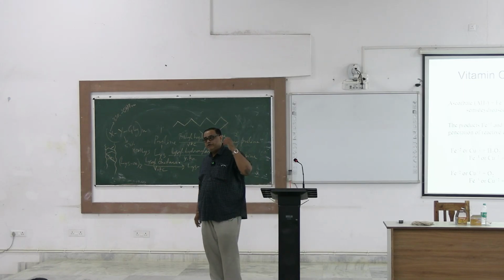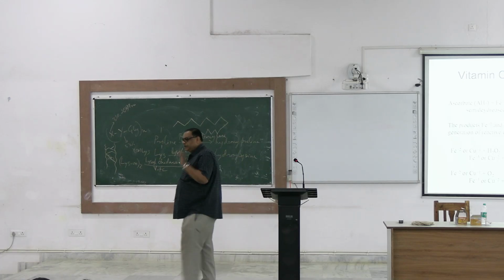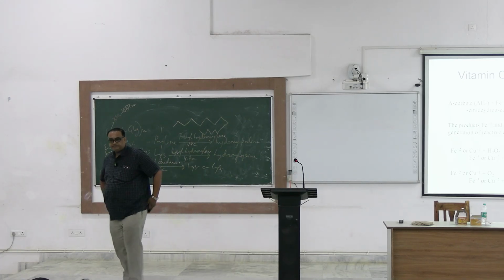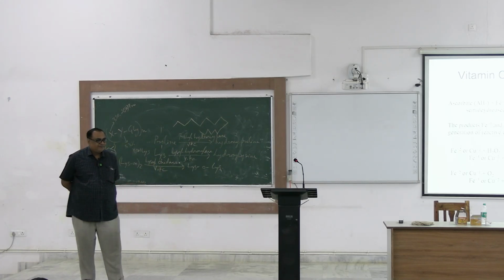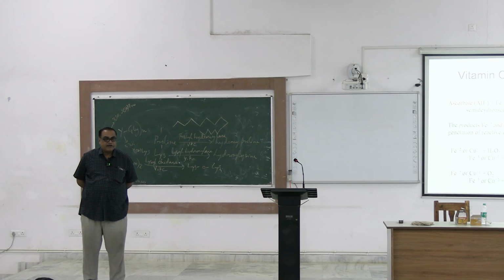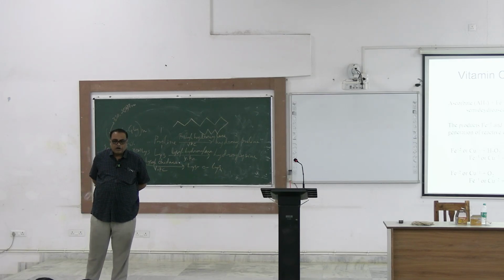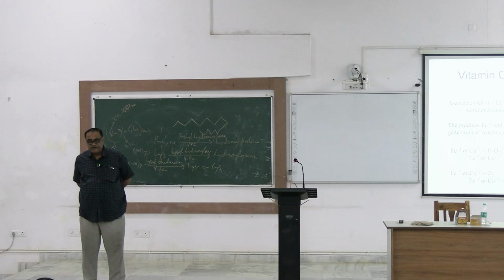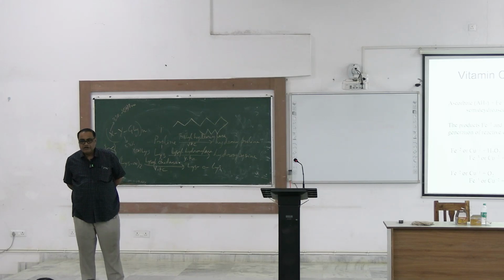Now, if you consume too much of vitamin C, what will happen? All the free iron present in our body will be converted to ferrous form and none will be accepted or chelated by transferrin. So what will happen?